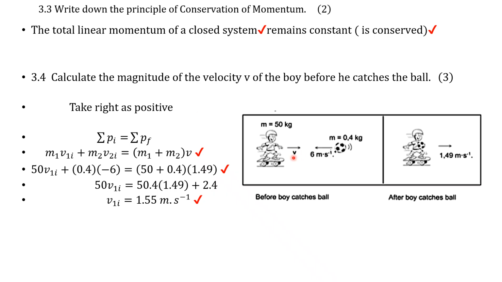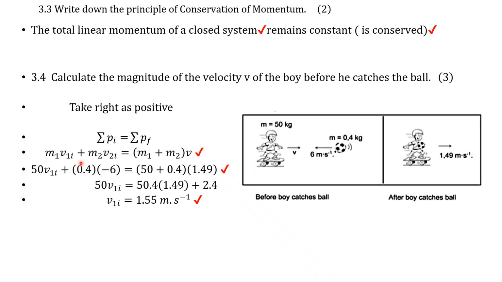So with 2 objects, the sum of the initial momentum must equal the sum of the final momentum. Momentum before must equal momentum after. So mass 1 times velocity 1 plus mass 2 times velocity 2 initial for both of them must equal, because they move together, mass 1 plus mass 2 times final velocity.